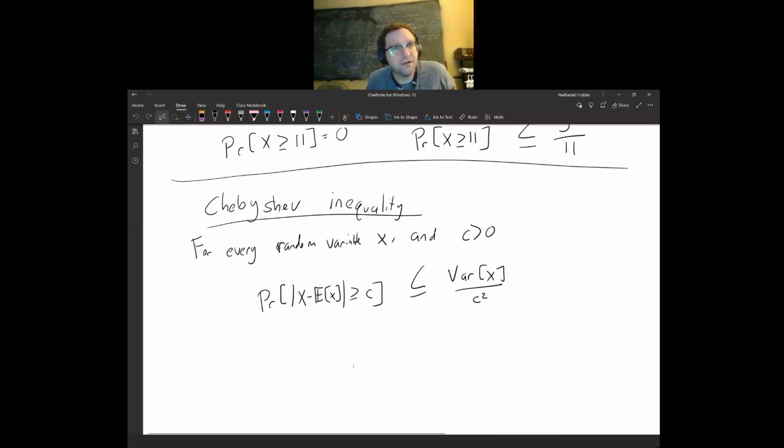Markov, Chebyshev, the Russians have had a long time of being outrageously inventive with math. So props to them. Markov, Chebyshev. On the screen in front of you is Chebyshev. Chebyshev is what's called a tighter bound than Markov.